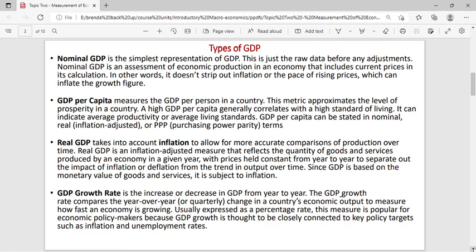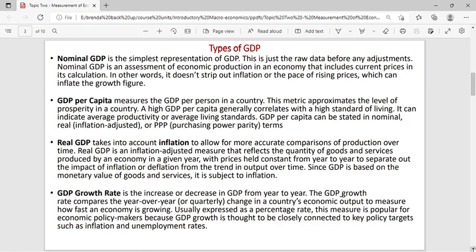So nominal GDP is an assessment of economic production in an economy, and this includes current prices within its calculation. So for nominal GDP, we usually don't cater for inflation, or for any rises in prices that could inflate the economic growth figure.